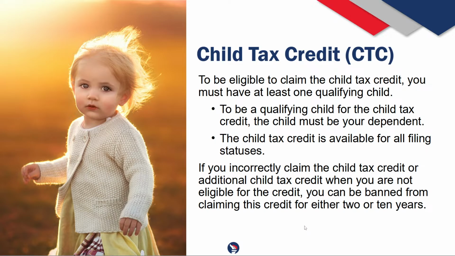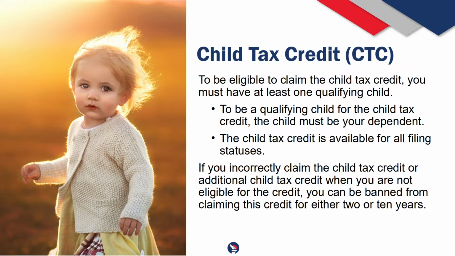If you incorrectly claim child tax credit or the additional child tax credit when you're not eligible for the credit, you can be banned from claiming this credit for 2 or 10 years. If they determine that it's fraud, it's 10 years. If it's a mathematical error, that's not a big deal. That's not where this is. This is people that are just being either reckless or outright fraudulent.